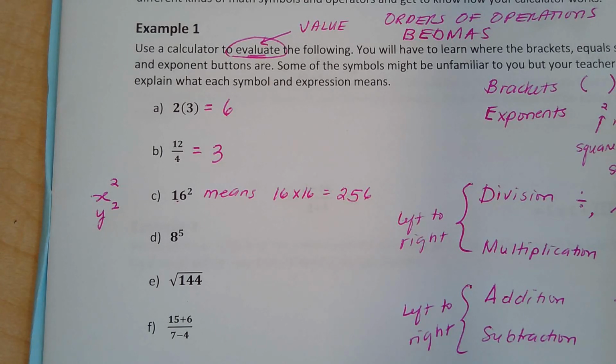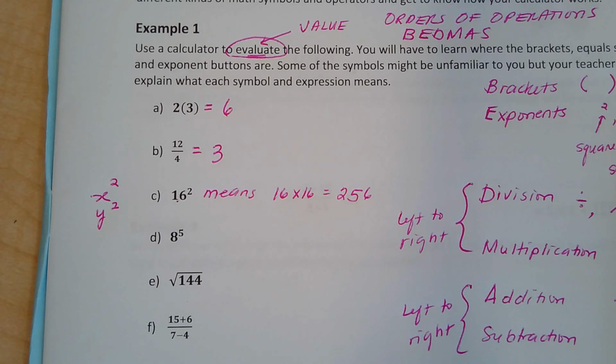Now, here. What would this be? 8, and then there's a little tiny 5 just above. What does that mean? It's y to the x. Hopefully this is a whiteboard here. 8 to the 5.